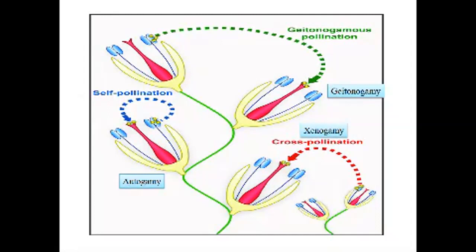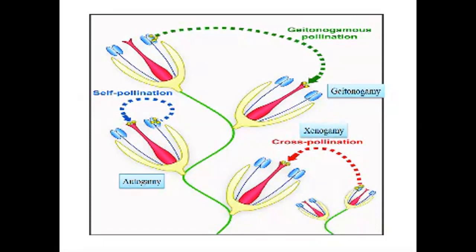In geitonogamy, pollen grains are transported from anther to stigma of another flower. This flower is located on the same plant. Auto means self and geitono means neighbor. So geitonogamy is one in which two nearest flowers are involved.